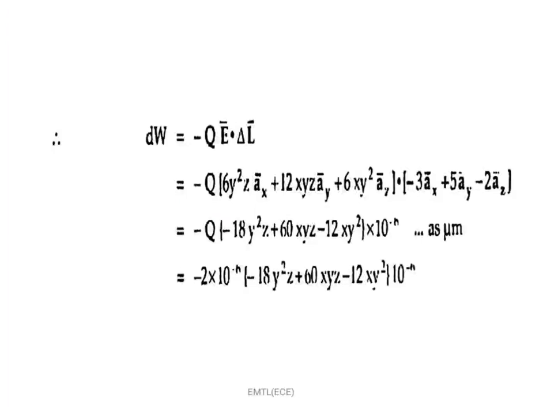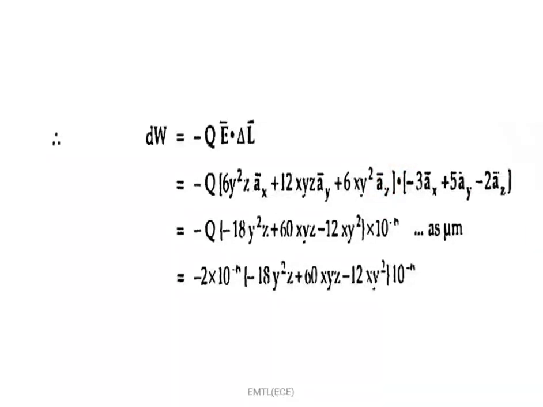Why? Because the remaining dot products, that is ax dot ay and ax dot az, are equal to 0. So we only take the dot product between ax and ax, ay and ay, az and az.